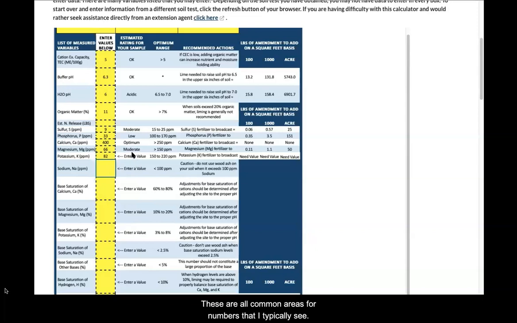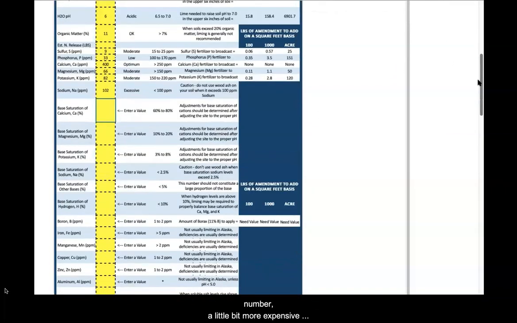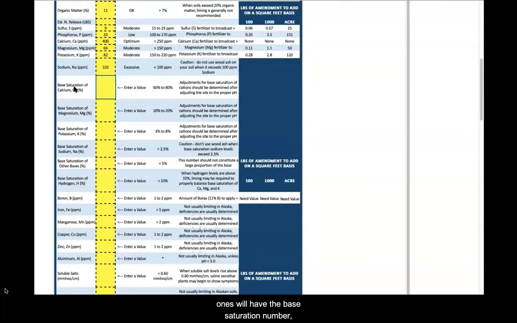These are all common areas for numbers that I typically see. For sodium, we're going to go ahead and put 102. And then from a soil report, you'll typically get back a number. The little bit more expensive ones will have the base saturation number, so I'll put that in here for you. Let's go ahead and put it in at 5.